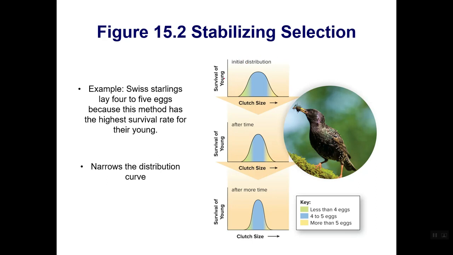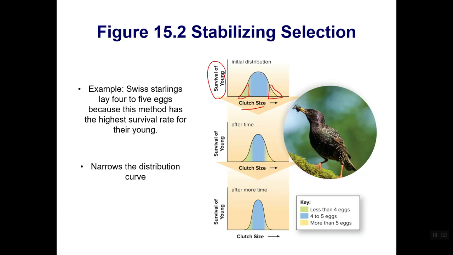Many generations ago. This is survival of the young and clutch size. So if there were less than 4 eggs, very few young survived and reproduced. Likewise, if there were more than 5 eggs, then relatively few of those young would survive and reproduce.